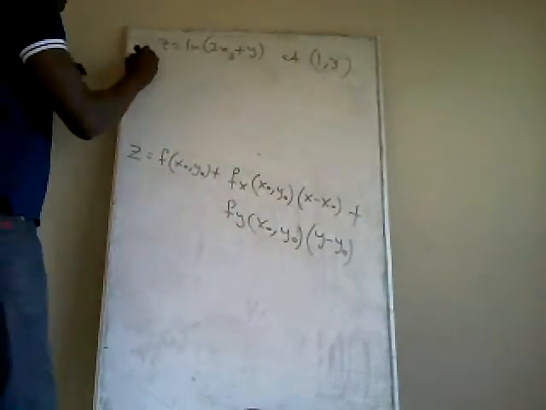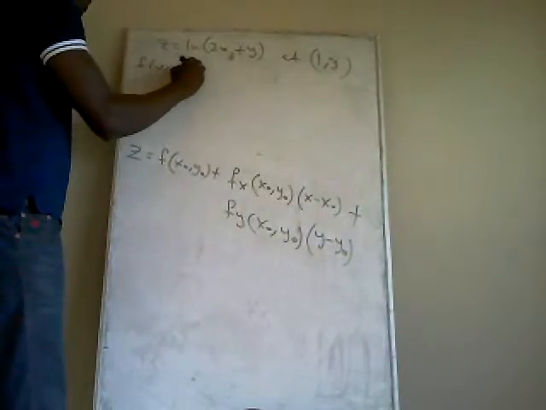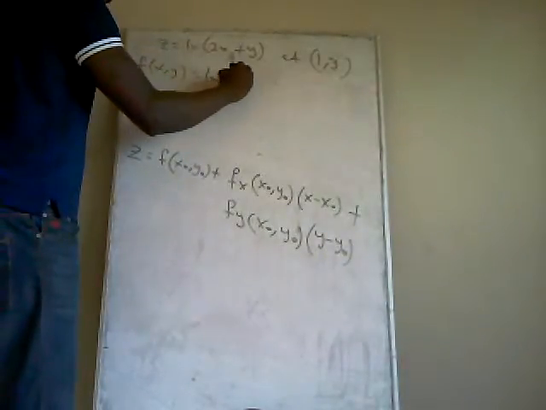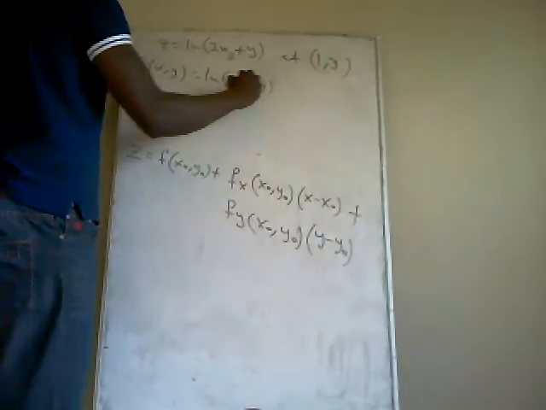From here, f of x, y is equal to ln of 2x plus y.